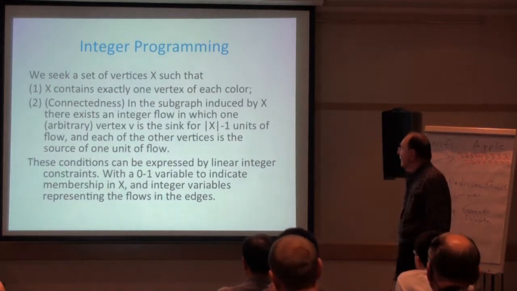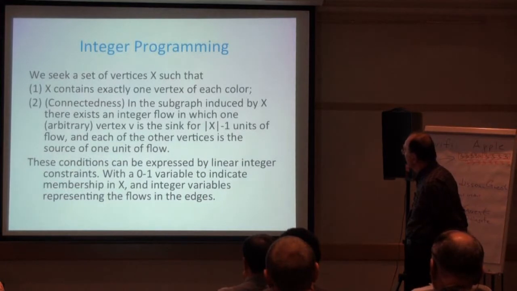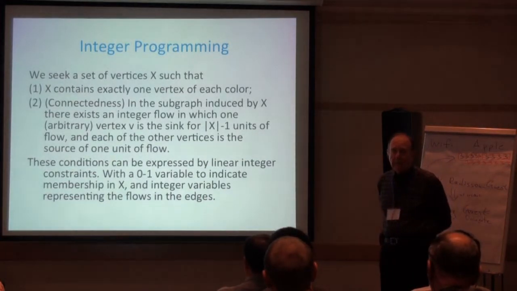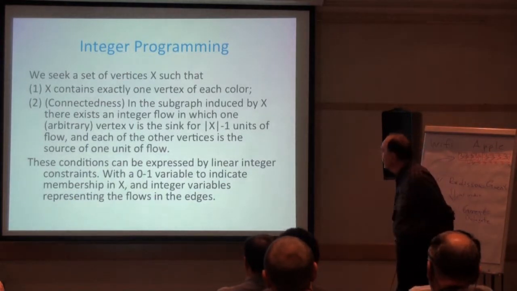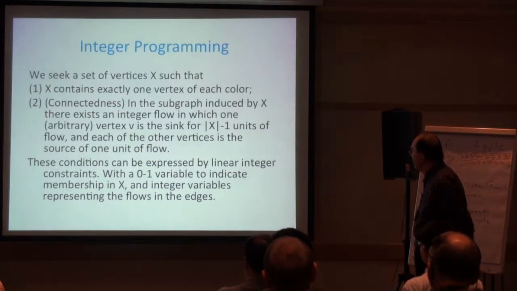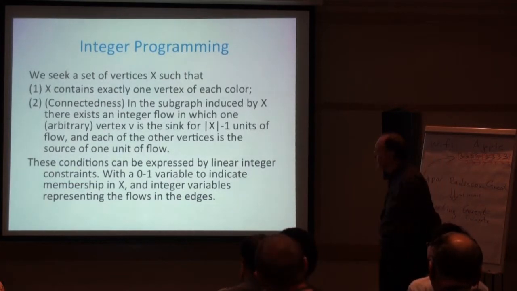So the existence of this flow is a neat way of characterizing the property of the graph being connected. And so what we're looking for then is a set of vertices containing exactly one of each color, and in which, moreover, such a flow exists.